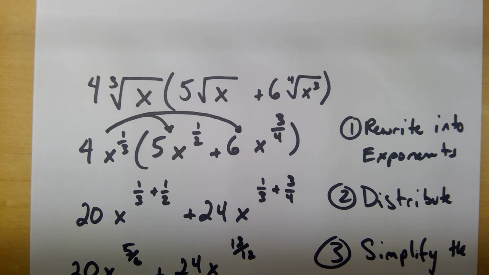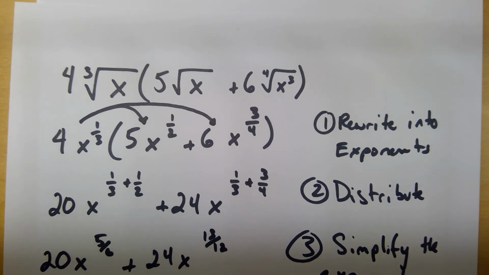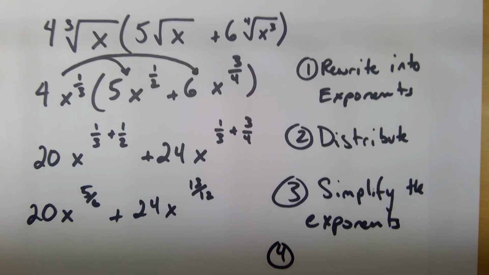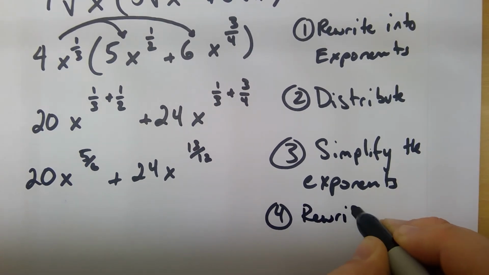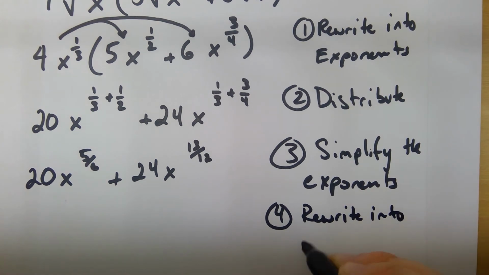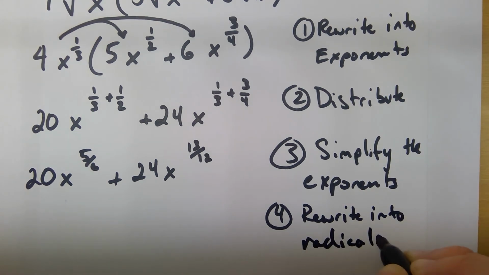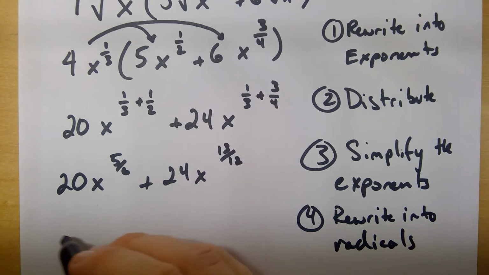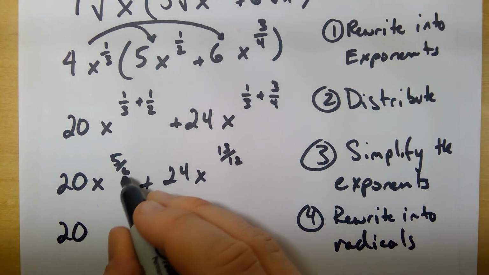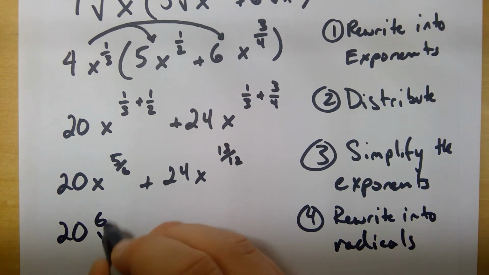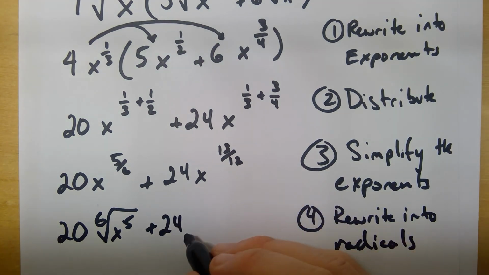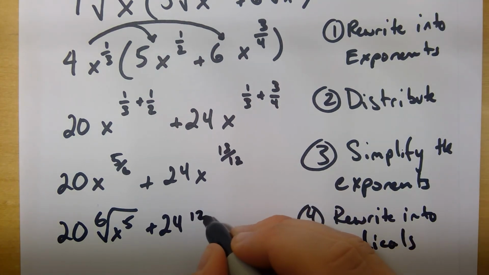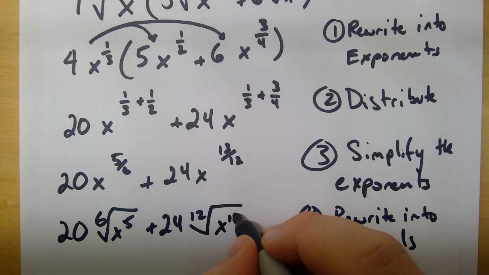And then lastly, rewrite into radicals. Okay, so we have 20, and since the 6 is the denominator, the 6th root of x to the 5th, plus 24, and since 12 is the denominator, the 12th root of x to the 13th.